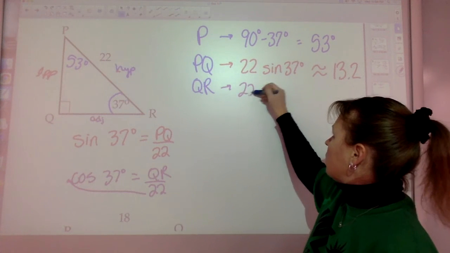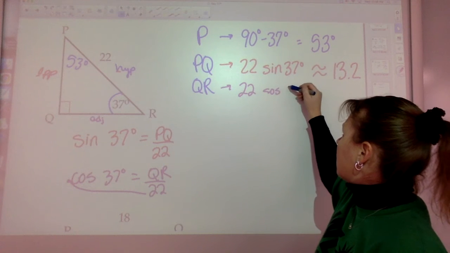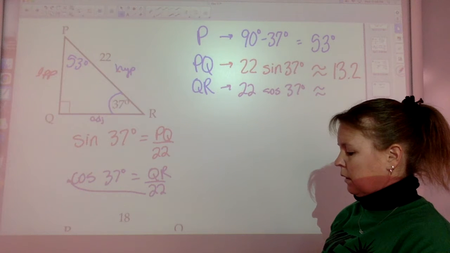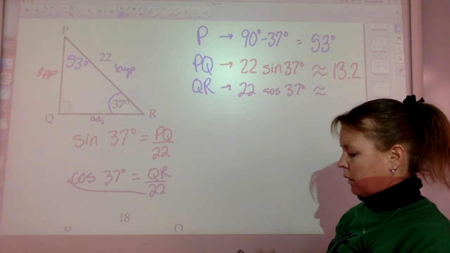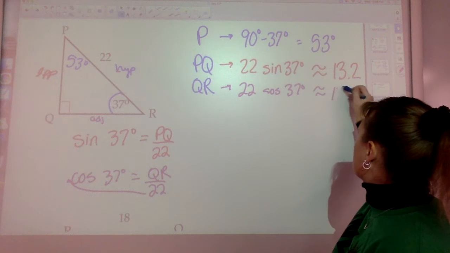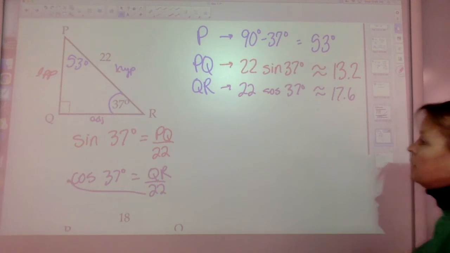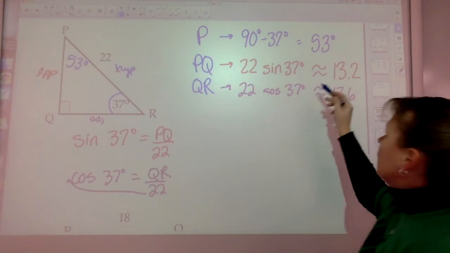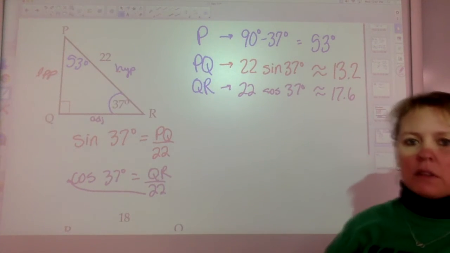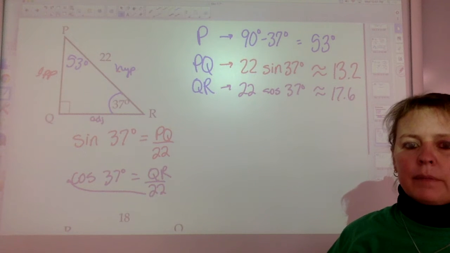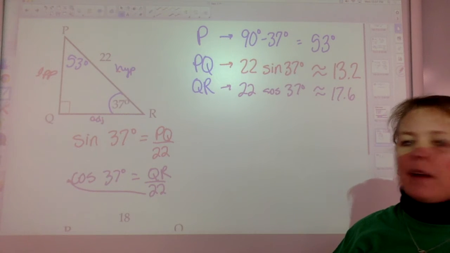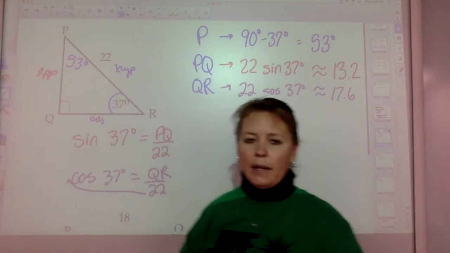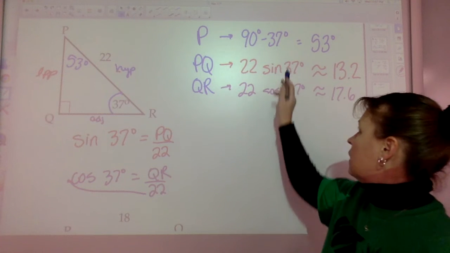So QR is 22 times the cosine of 37 degrees, which is approximately 17.6. Double check, both sides should be smaller than the hypotenuse, which they are. Notice we didn't have to use inverse sine or inverse cosine this time, because when trying to find this angle, we already knew by the triangle sum theorem how to find that angle. So we only needed to use sine and cosine.